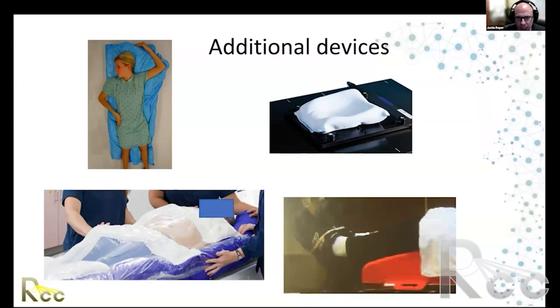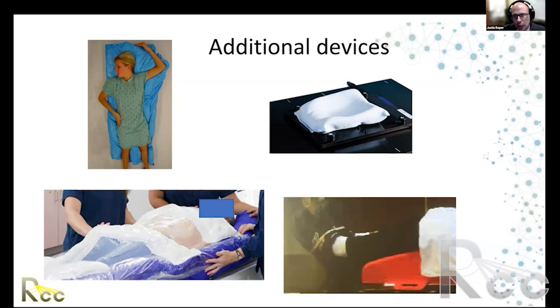An alternative below that is a vac bag, which is under vacuum. When it has some air in it, the styrofoam balls freely move about. A therapist will then form this bag to the patient's contour. The bag is placed under vacuum such that it becomes rigid and conformal. And then further, a sheet is draped over top of the patient, which is also placed under vacuum for extra immobilization.